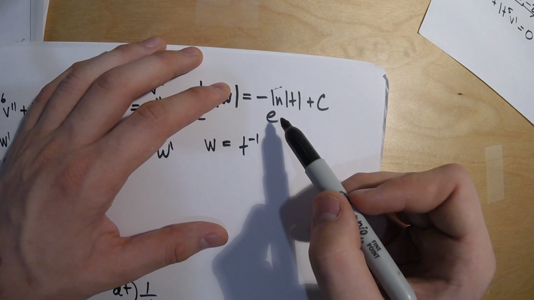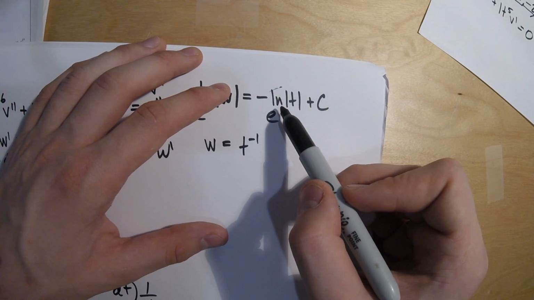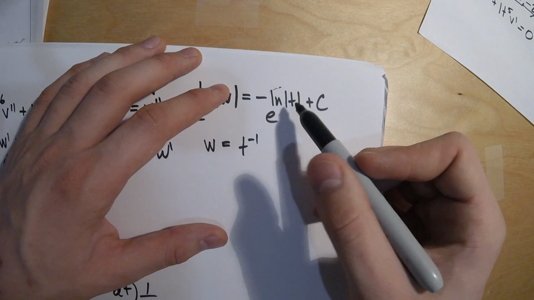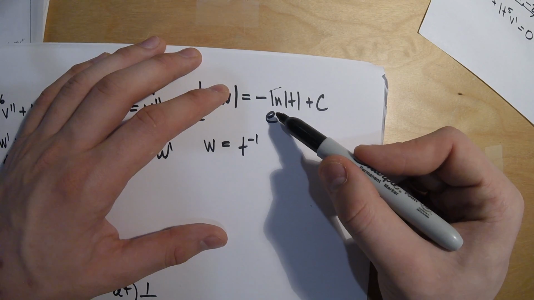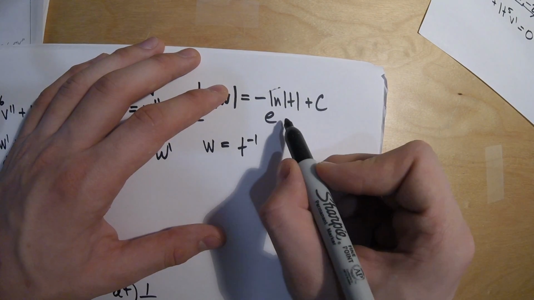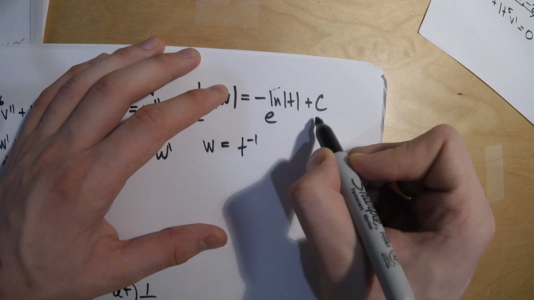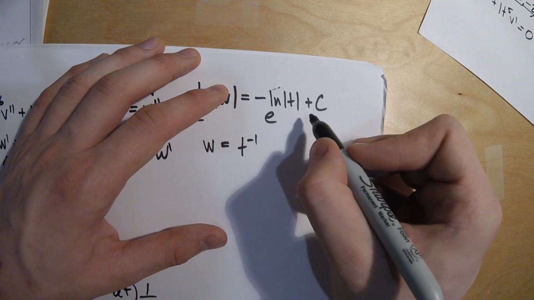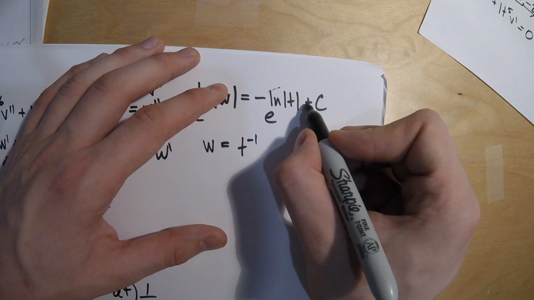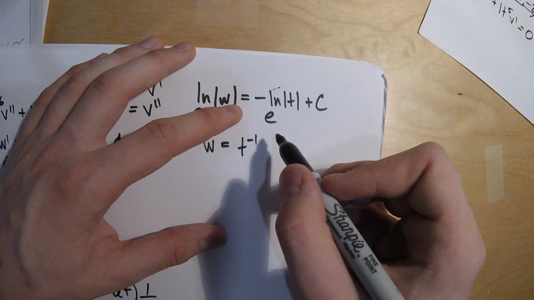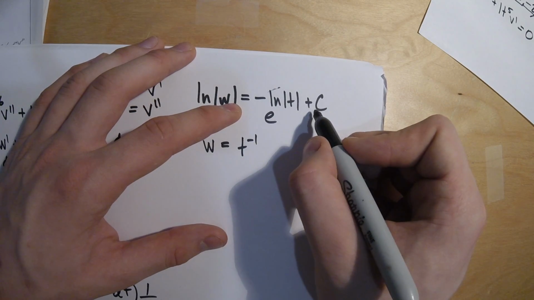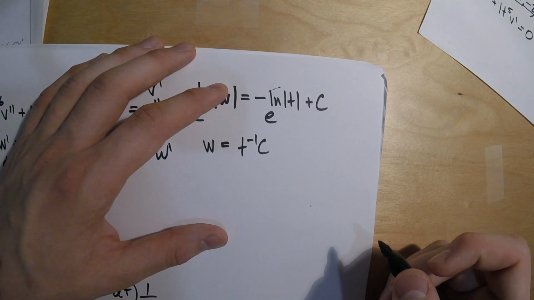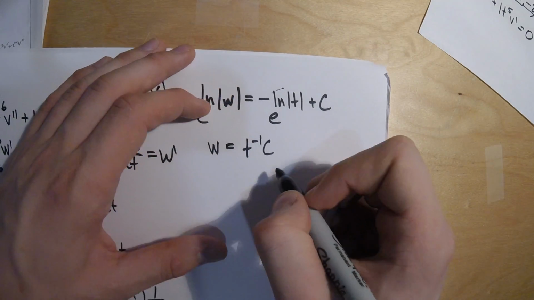And if you also know your natural log, you know that this plus is actually e to the c multiplying e to the negative ln of t. So although this is a plus, it's actually going to be a product, times c. So we have t to the negative 1 times c.